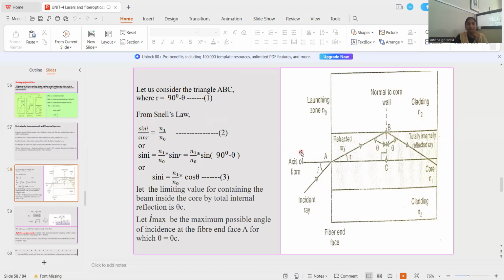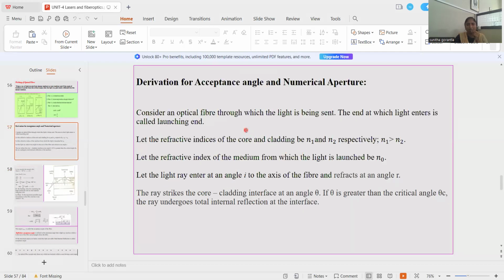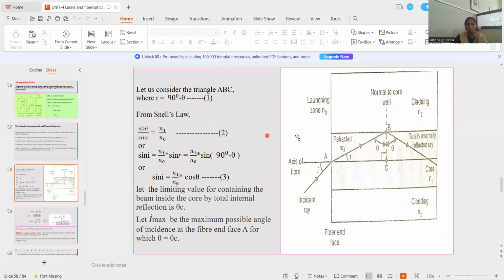Now see, first of all, what is the acceptance angle? The maximum angle of incidence at the air-core interface for which the light ray can enter into the core and traverse along the core-cladding interface.